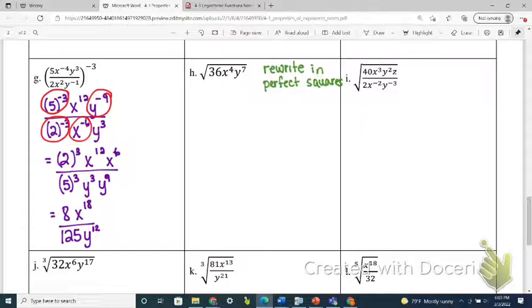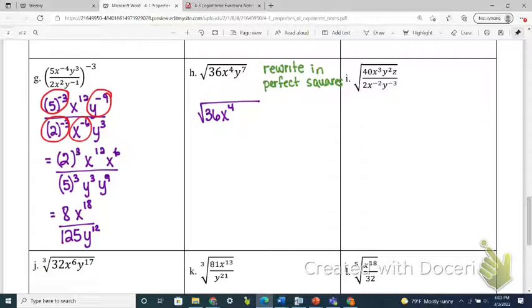So when I look at this one, 36, that is a perfect square. So that is fine. I don't need to rewrite it. I just bring it along. X to the 4th. 4 is divisible by 2. So that is perfectly fine. I'm going to rewrite it. Y to the 7th. That is not divisible by 2.